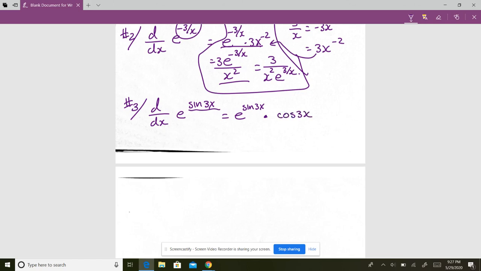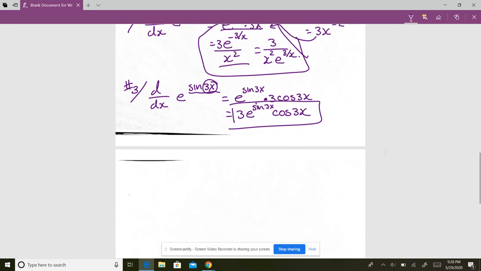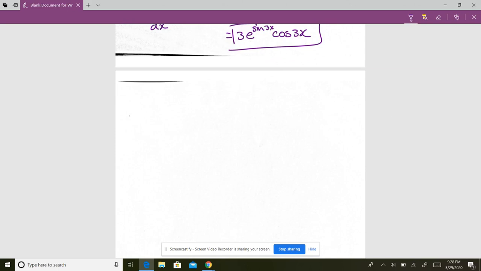So it's cos 3x times the inside derivative of 3x, which is 3. Now that looks a little ugly, so we'll clean it up. We'll go 3e to the sine 3x times cos 3x. So even though the functions look gross, they're actually fairly straightforward to solve.